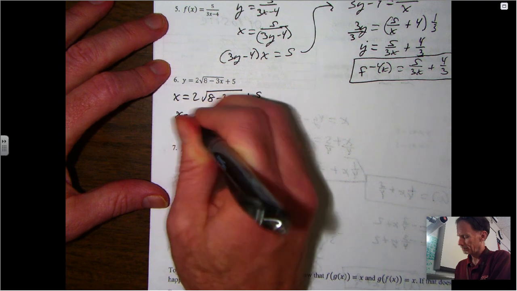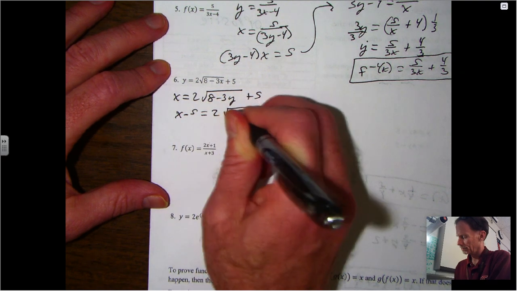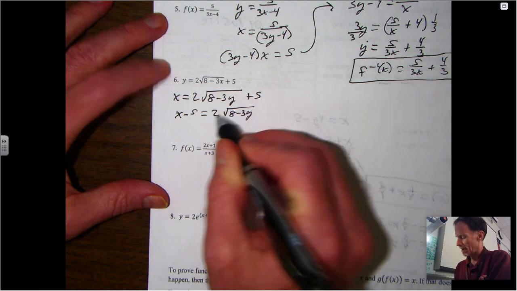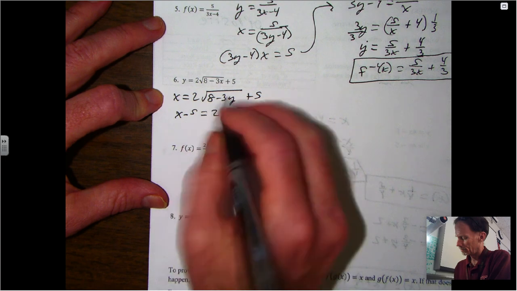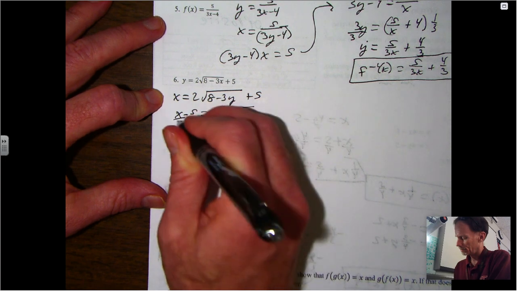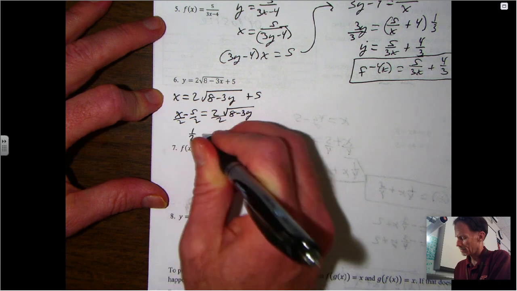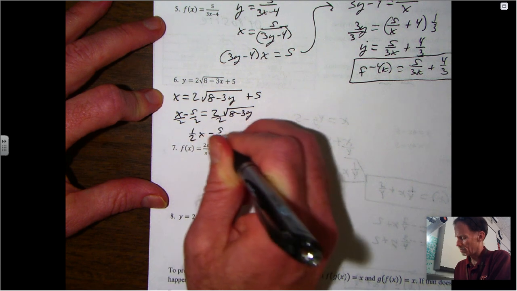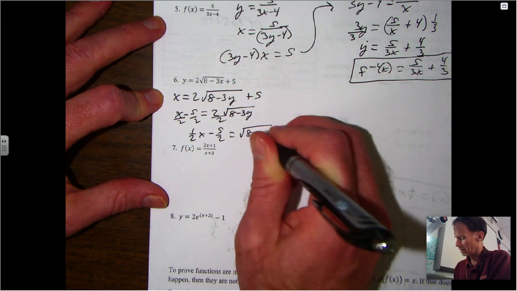So subtract by 5. Divide by 2, and again, we can divide by 2 everywhere. So we have 1/2 x minus 5/2 equals square root of 8 minus 3y.